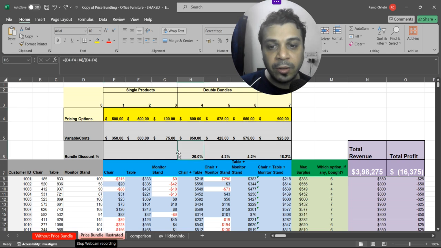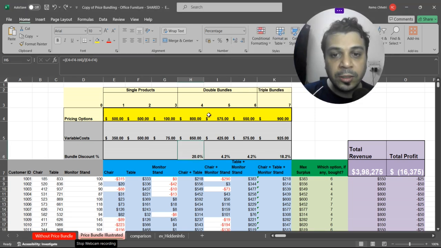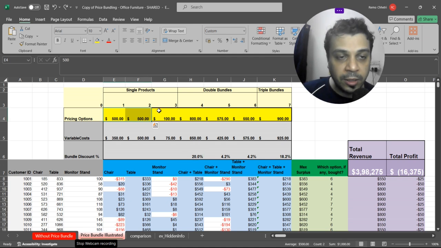is not profitable, and we also have the discounting strategy for the bundles. You can see here that the way the bundle pricing has been done is 20%, and how this has been calculated is simply E4 plus F4 minus H4, meaning that we have calculated the difference, first in the numerator, between the total collective value of the single products and the double bundle's price, and then we divided it by the sum of the single products' price.